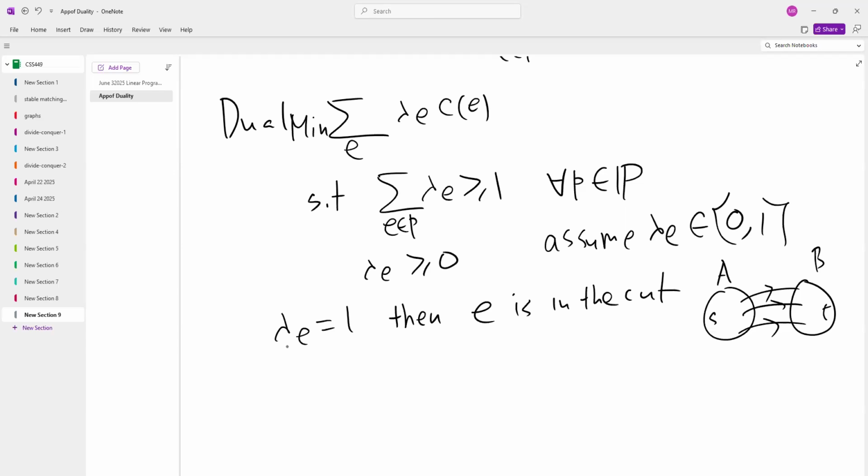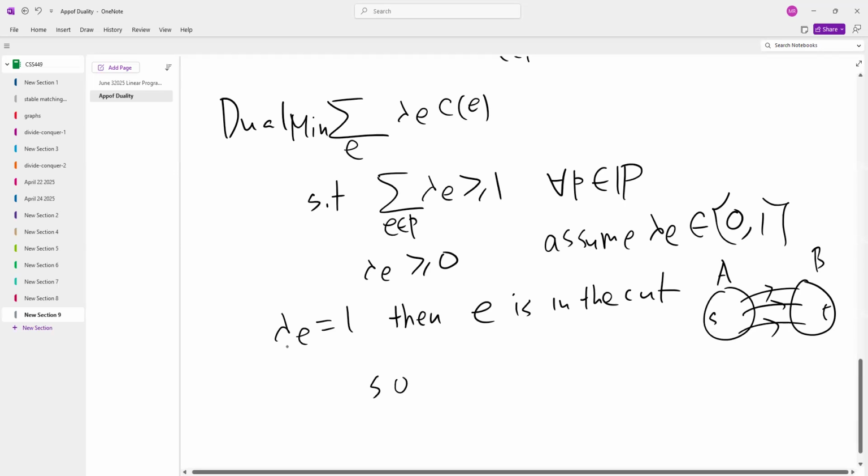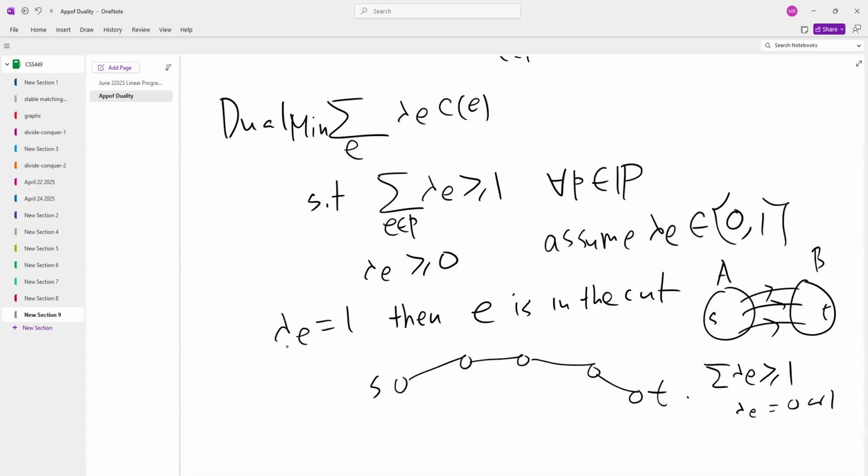So, for example, let's say this is S, and this is one path to T. For this path, the sum of all edges has to be at least 1, and lambda E is 0 or 1. Then what can we say about the value of lambda on the edges of this path?